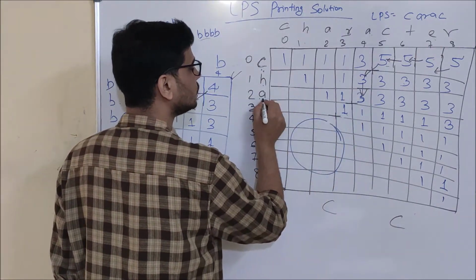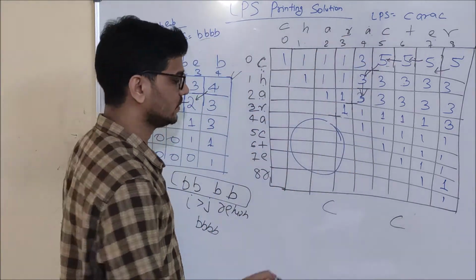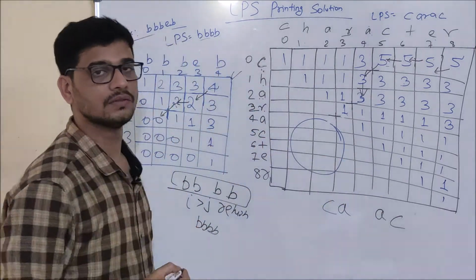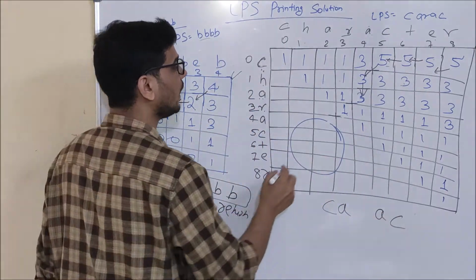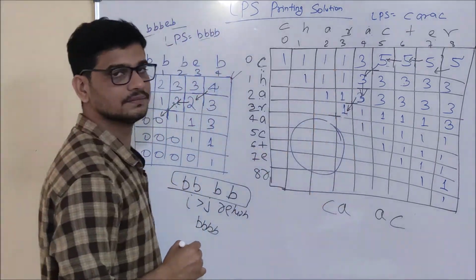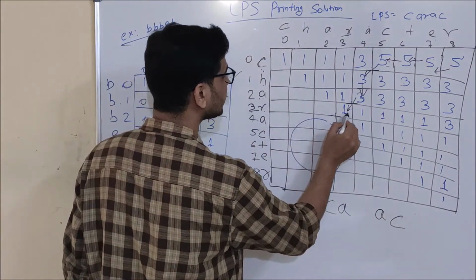Now the character here is A and here also it is A. That means these two characters will be in our answer for the LPS. Now as the characters are equal, we will move to the diagonal. Now I will match these characters.